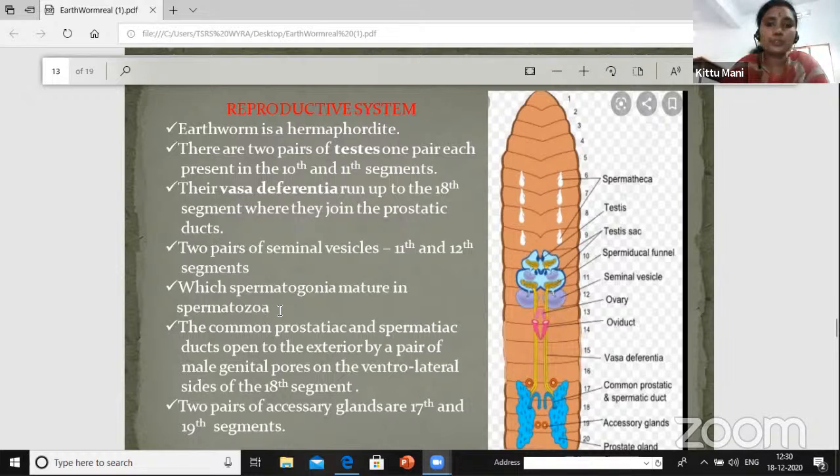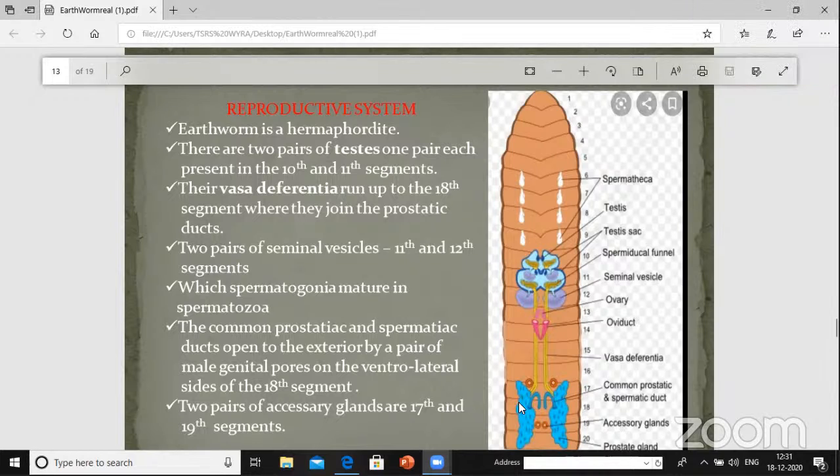The common prostatic and spermatic ducts open to the exterior by a pair of male genital pores on the ventrolateral side of the 18th segment. All of you look at the 18th segment. Here the common prostatic and spermatic ducts open into the male genital pores at the ventrolateral side of the 18th segment.